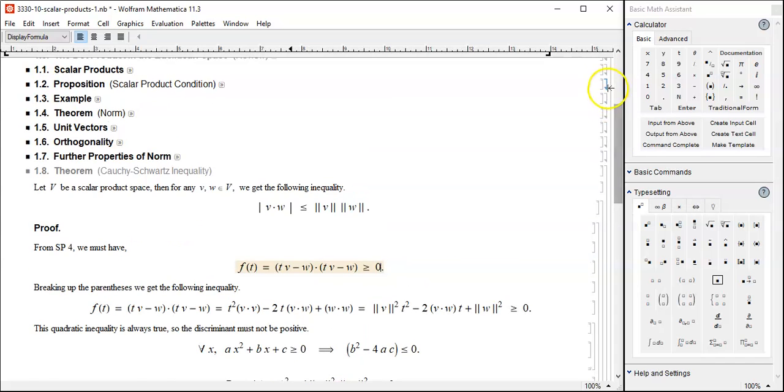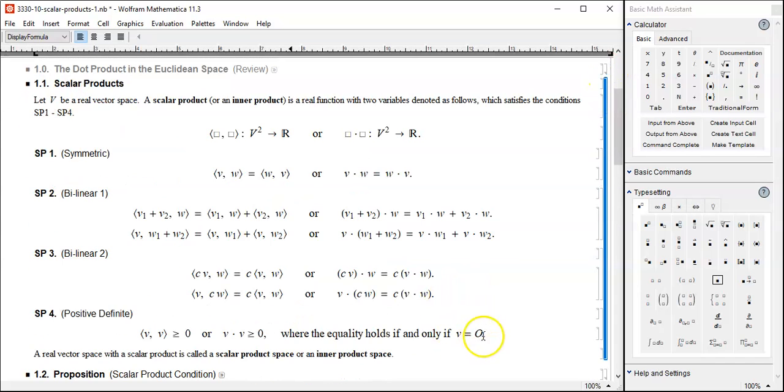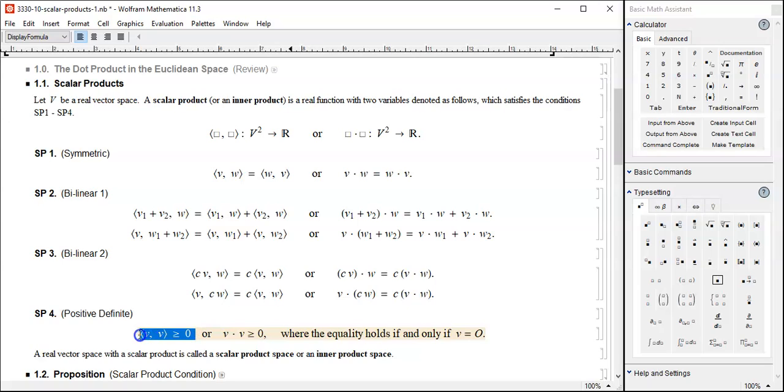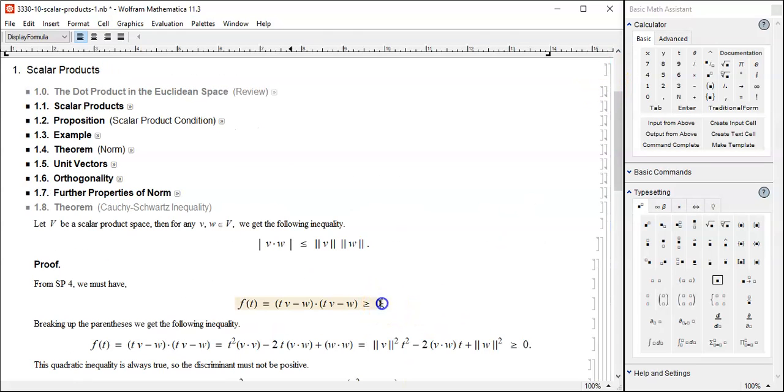Scalar product of itself, so always greater than or equal to 0, and equality if and only if we have the 0 vector. So tv minus w is equal to 0.